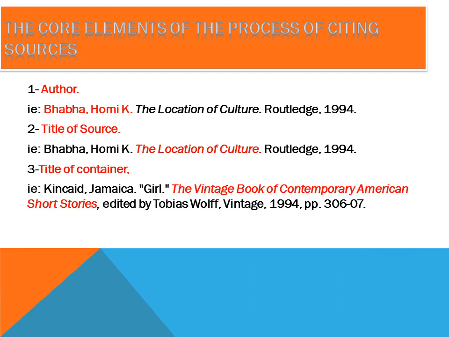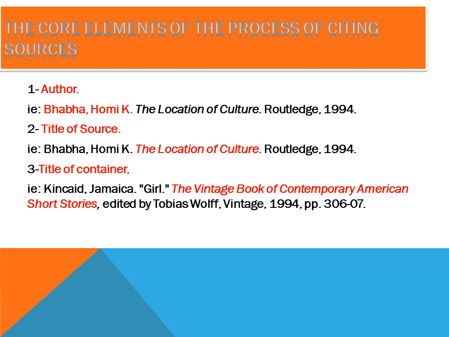The third element is the title of the container, which means the larger file or folder where the source is located. For example, the container might be a book of collections, a web page, a television series or channel. The title of the container is usually italicized and followed by a comma, since the information that follows next describes the container.